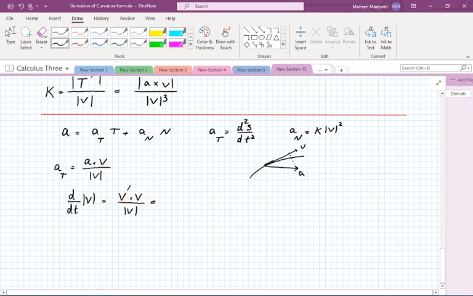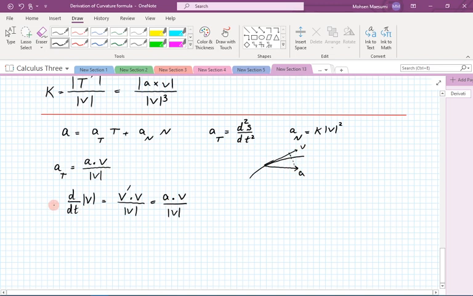So what are these things? This is a, this is v, and this is just the speed. So the tangential acceleration that we do by vector consideration, tangential component of a on the velocity, is same as the derivative of speed.